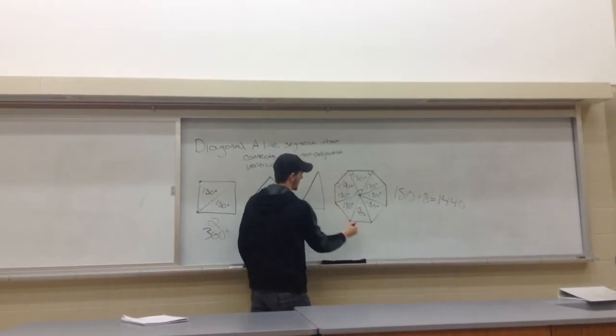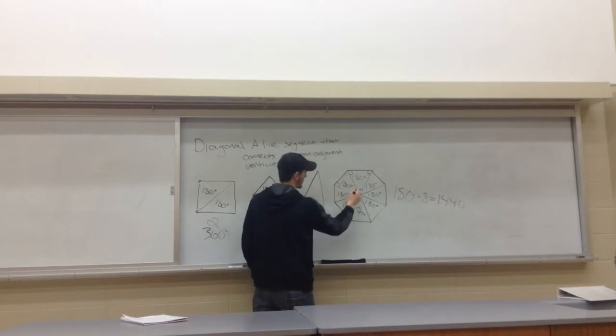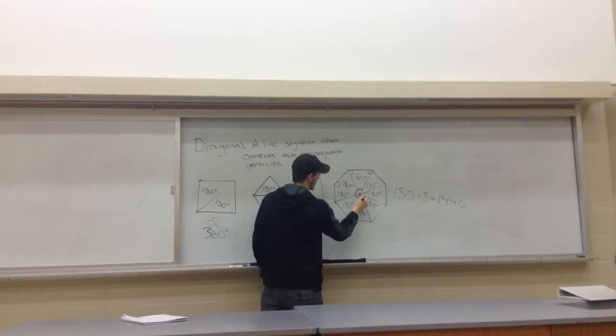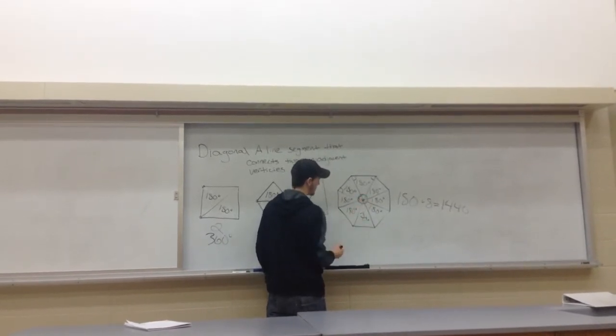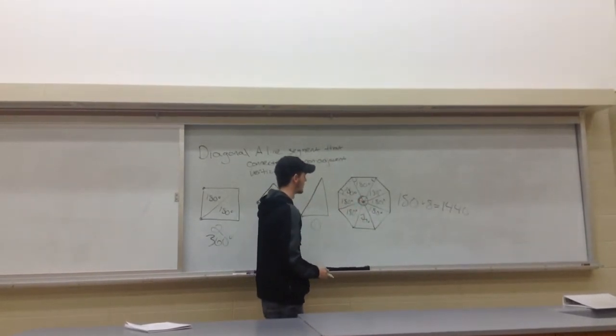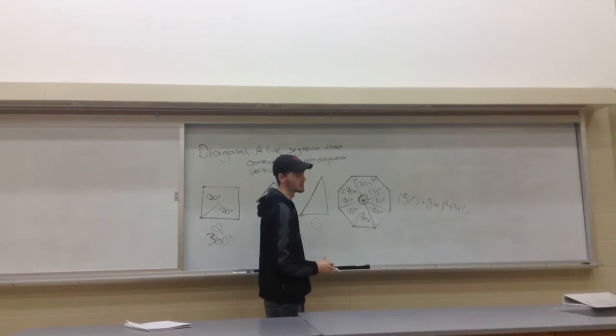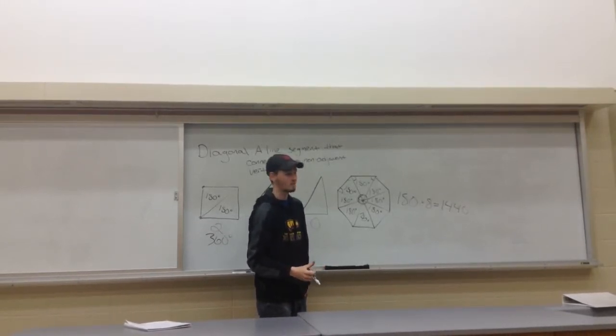And this angle right here is not included in the exterior or the interior angles. Neither is this one or any of these inside of each triangle. And that circle, or the shape in the middle, is a circle. And how many degrees is in a circle? 360.